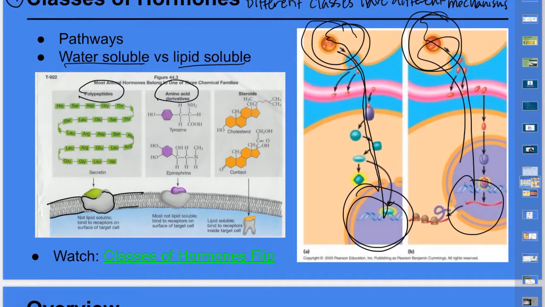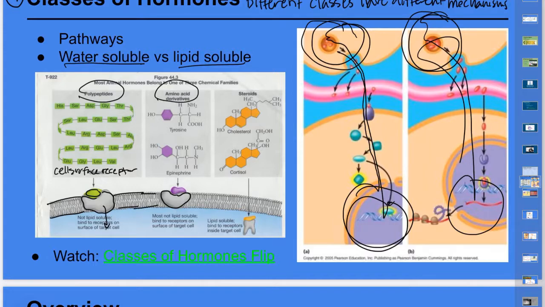Now, if we looked at a membrane, these are both going to be cell surface receptors. So in the polypeptide, we have a cell surface receptor here. Here's the cell membrane. The polypeptide is going to bind to the cell surface receptor, and then the signal is going to move inside the cell. This is a cell surface receptor, because the polypeptide doesn't have the ability to get inside the cell because it's water soluble.